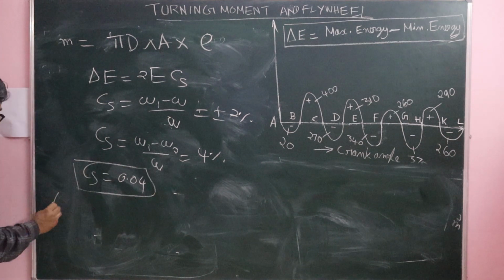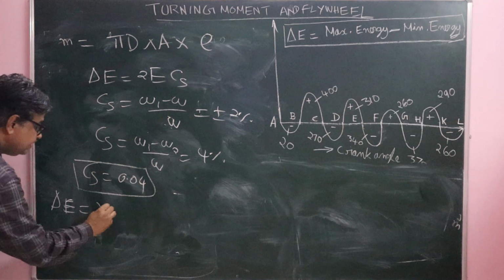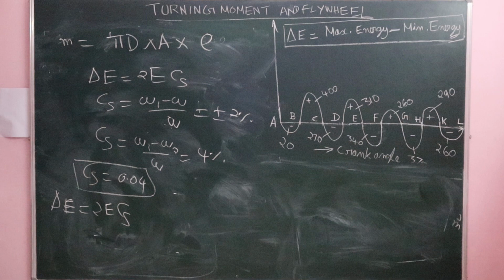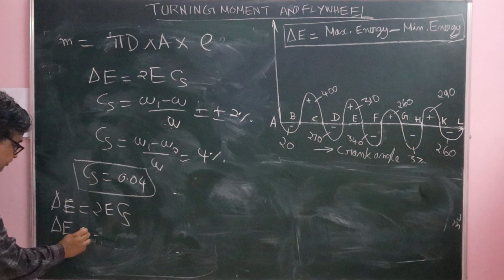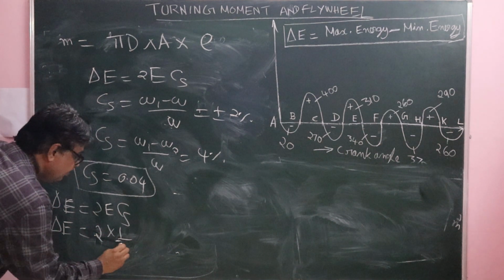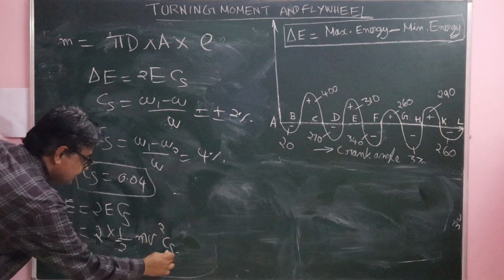We know that del E is equal to 2 E CS, and E is equal to half m v square. So from this we can find out del E is equal to 2 into half m v square CS.